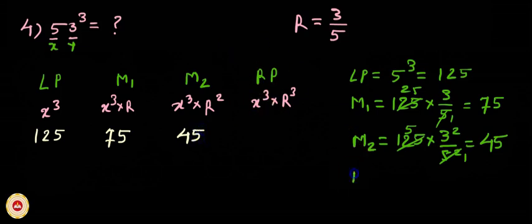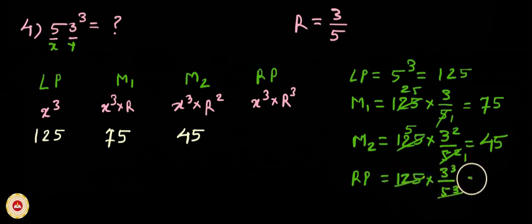Right part is x cubed, that is 125, multiplied by ratio R cubed, that means 3 cubed over 5 cubed. 5 cubed is 125 only, so let us cancel. 3 cubed is 27. So the value of the right part is 27, and let us write this 27 in the right part.